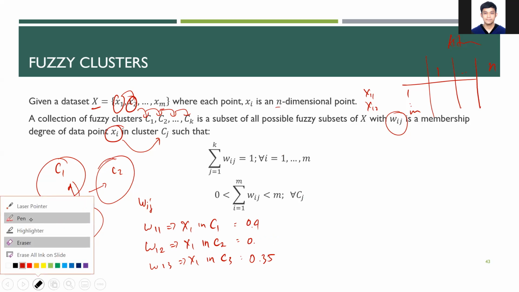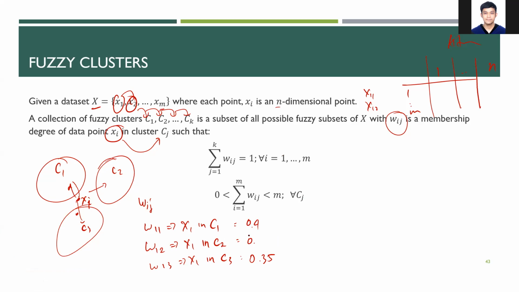To cluster 2, it's quite far, so it will be 0.15. The total membership degree should be equal to 1. So for data x1, the total membership degree to all clusters should be equal to 1.